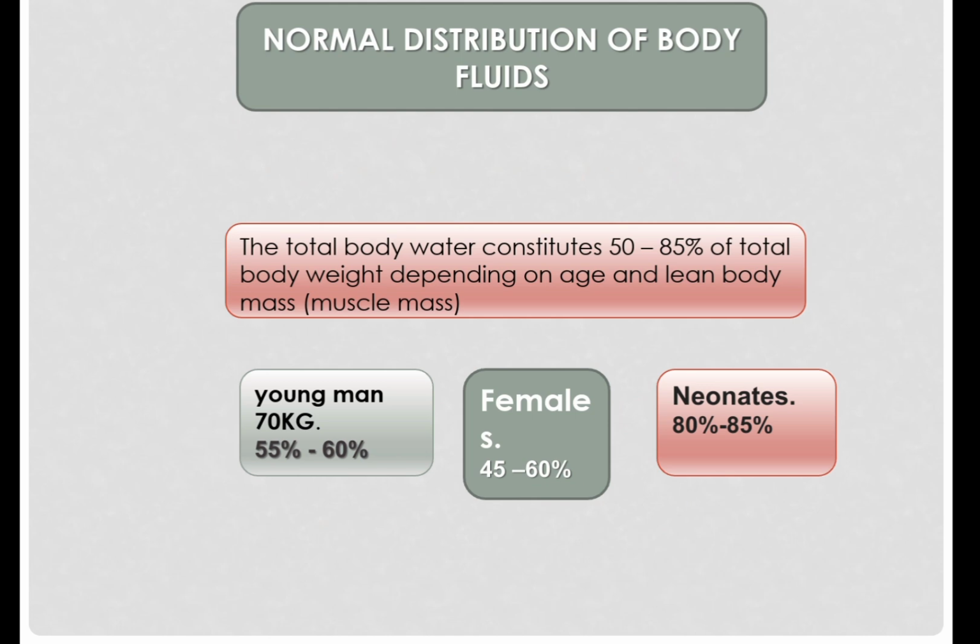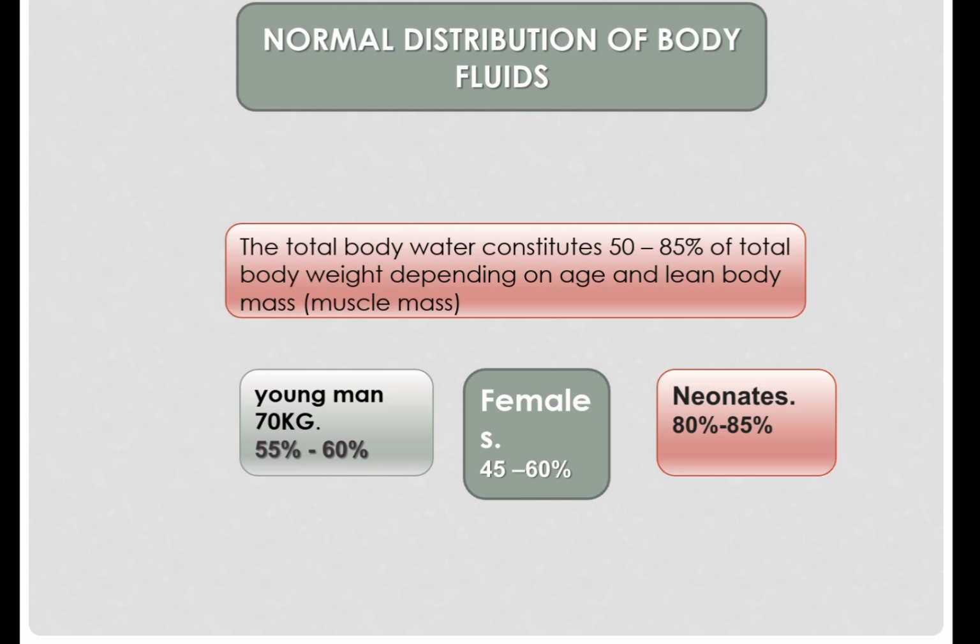In a young man of 70 kg, it is 55 to 60% of body fluid. Females 45 to 60%, and in neonates 80 to 85%. So it is very important for us to remember.